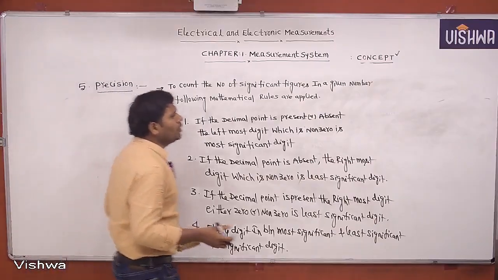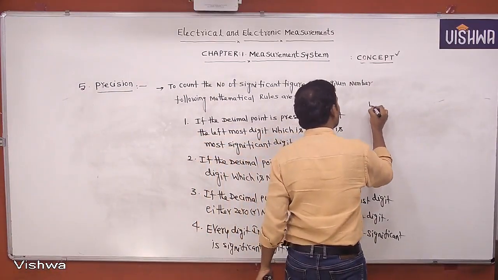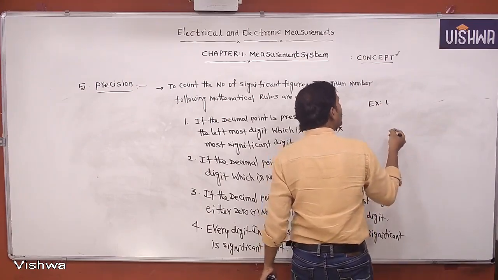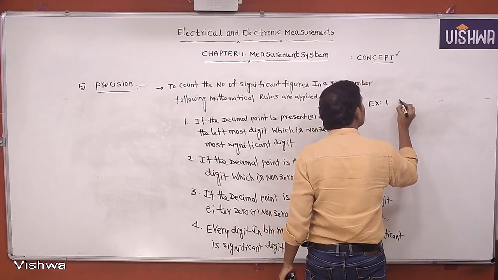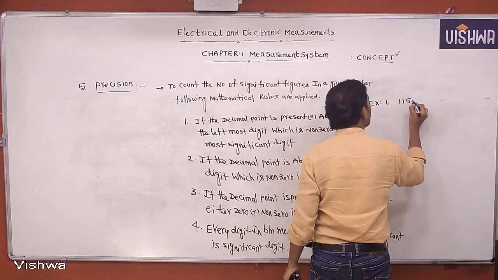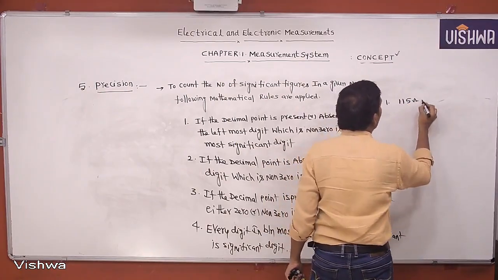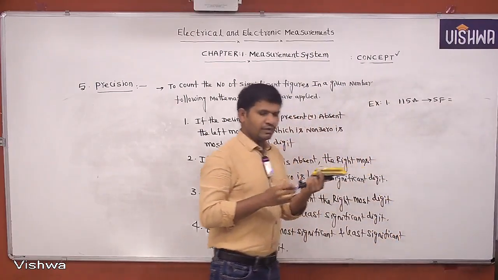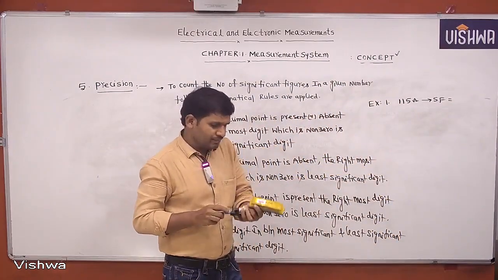For example, if any resistance is measured like this, 115 ohms, then how many significant figures are in this representation?